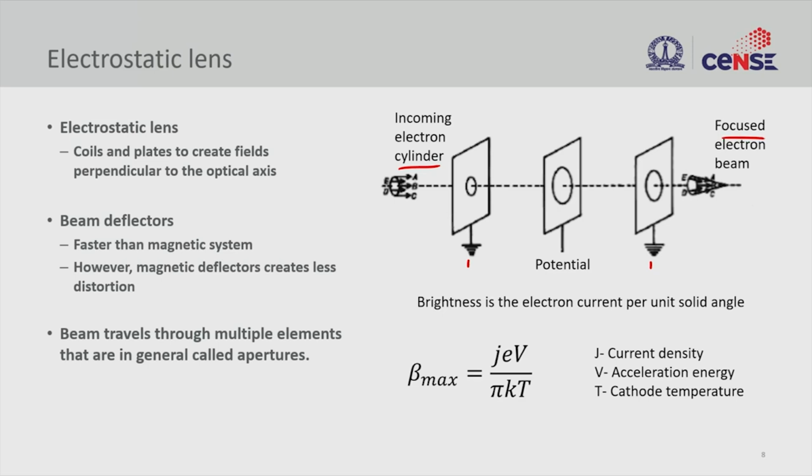We use the same configuration for beam deflectors and so on. These electrostatic lenses can also be used as a beam deflector, where you apply a certain amount of voltage to deflect the beam outside the optical axis. This is the optical axis.